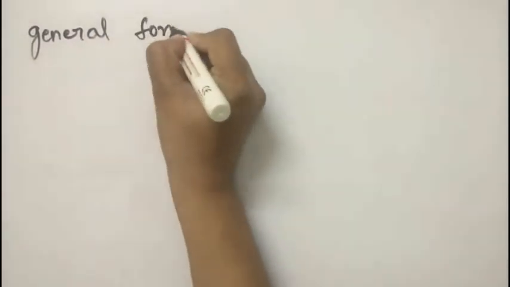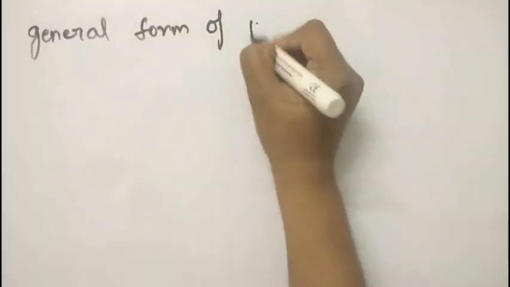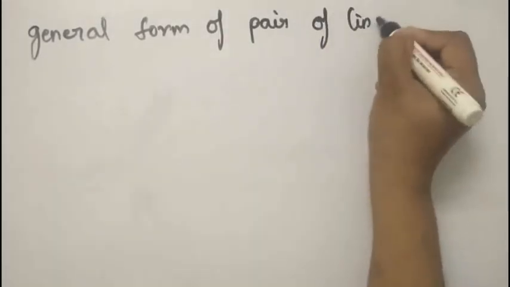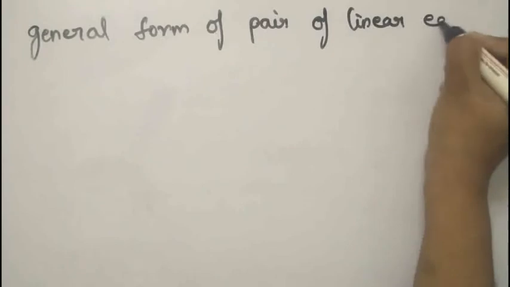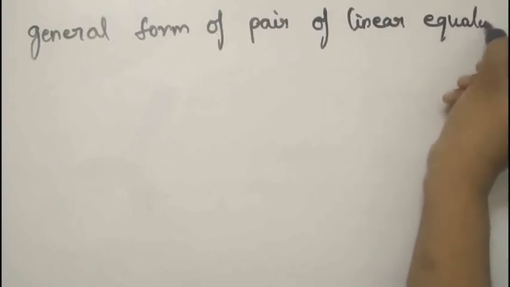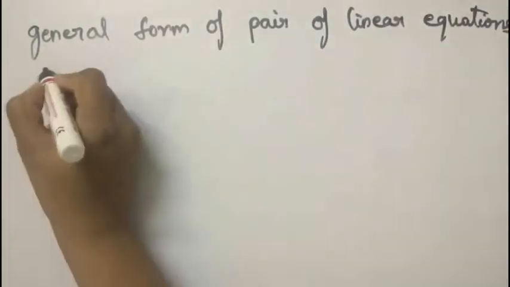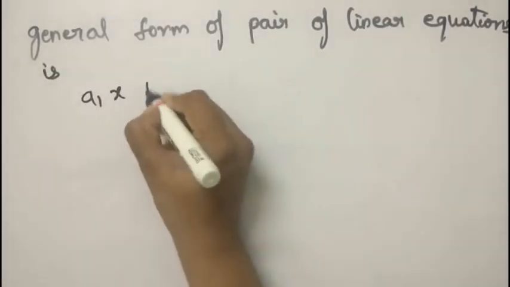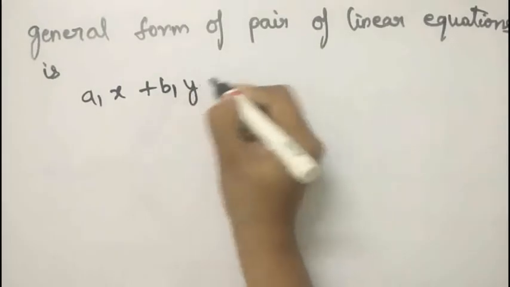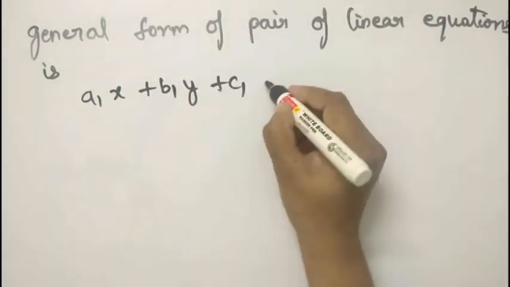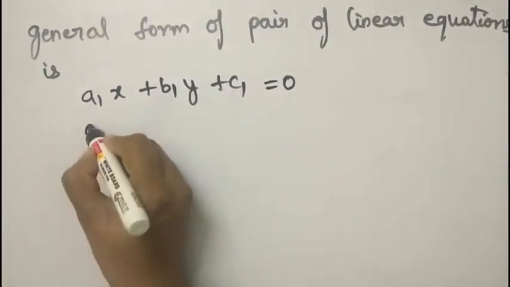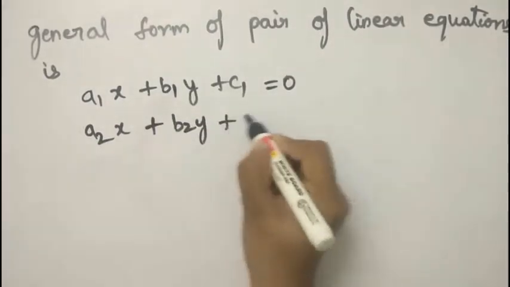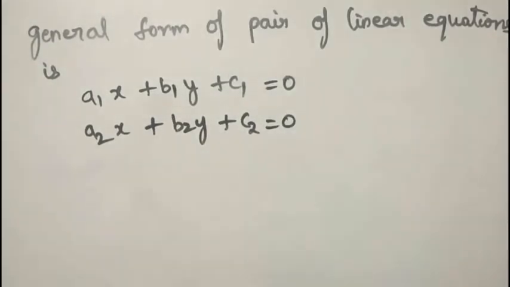The general form of a pair of linear equations is a1x plus b1y plus c1 equal to 0, and a2x plus b2y plus c2 equal to 0.